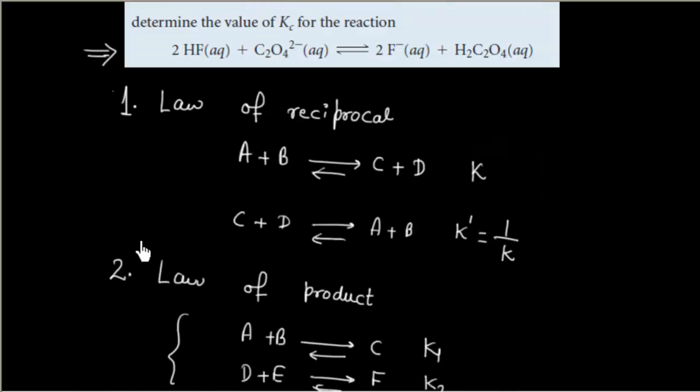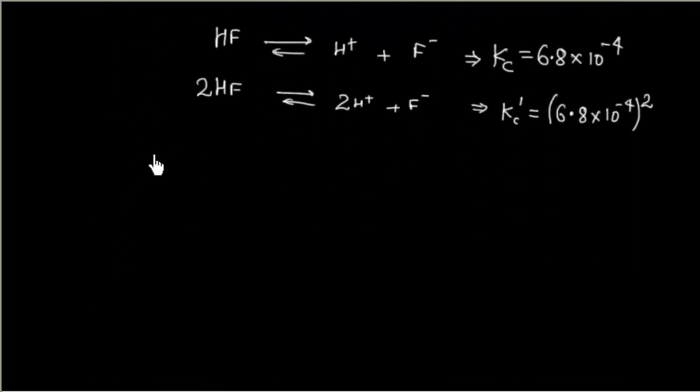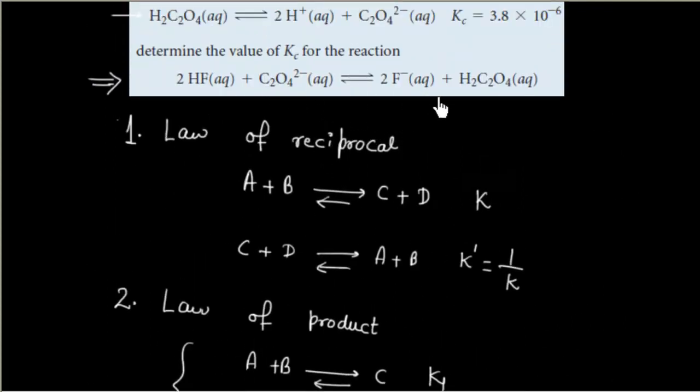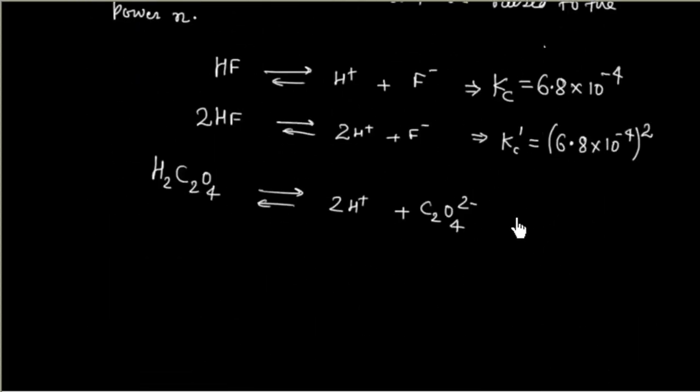Now let us see the next part. We have C2O4 2 minus, but in this equation it is on the right side, whereas in the target equation it is on the left side. This suggests we have to reverse this equation. It is given H2C2O4 gives you 2H plus and C2O4 2 minus, and the equilibrium constant for this reaction is Kc, 3.8 into 10 to the power minus 6.